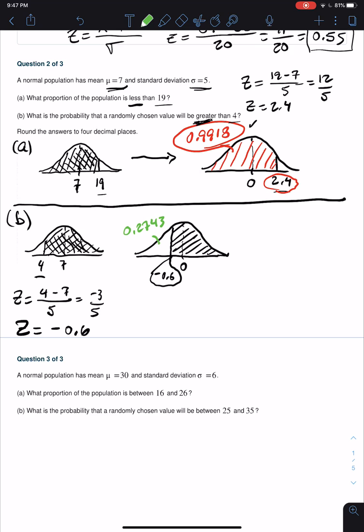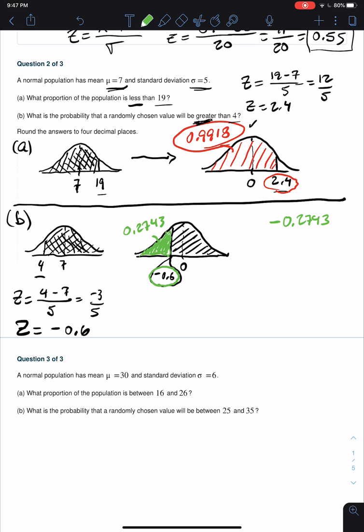So often students will take that number and think that's the answer, but you just found the area to the left, because that's what z tables give you, the area to the left for a z-score of negative 0.6. So if you use that, you're going to be upset because you punch it in, you think you did everything right, and you just did one little thing wrong. You forgot to subtract out 0.2743.